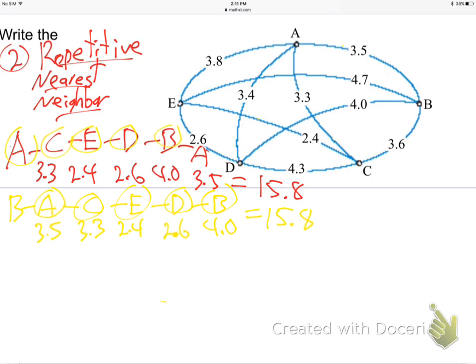Does that make sense? So now start at C. Do the same thing again. So starting at C, go to your nearest neighbor. Who's the nearest neighbor from C?